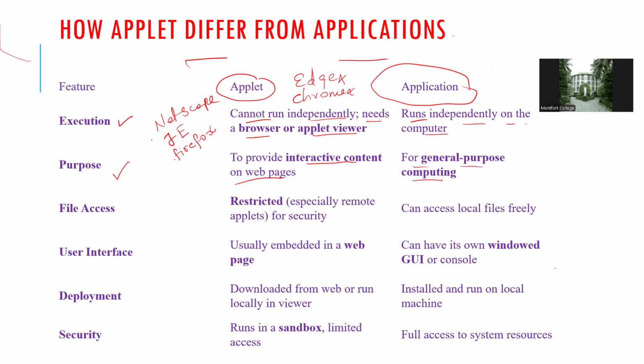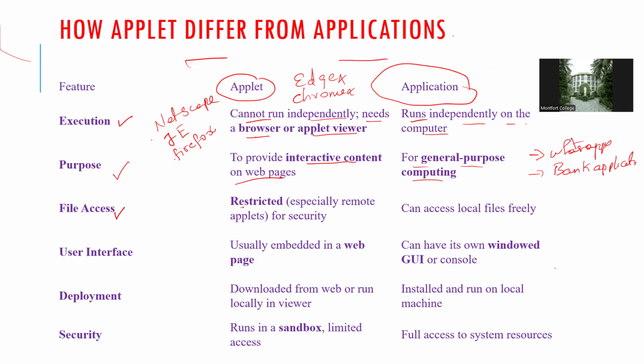For general purpose computing, we are using applications. For general purpose computing, some examples are WhatsApp and any bank applications. This all comes under this.